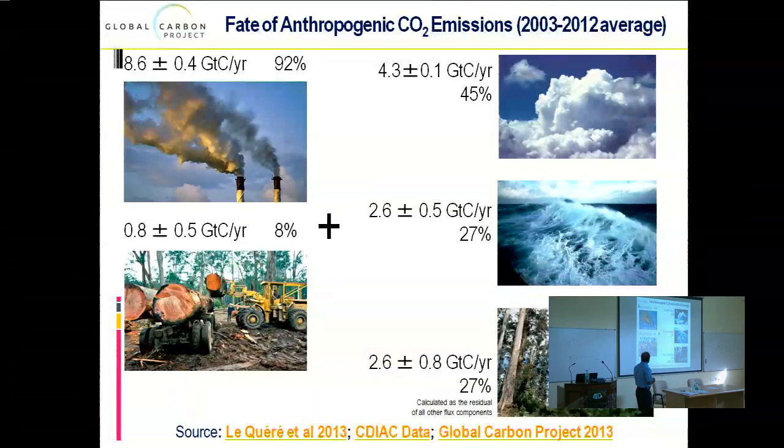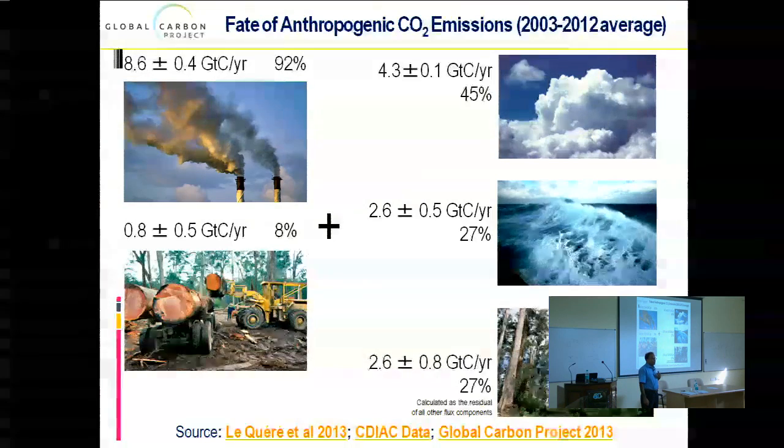Okay? So anyway, if you look at this 8.6 here, 0.8, so 9.4 gigaton in the previous decade, and roughly 27% went into the ocean, 27% went into the land, and the remaining stayed in the atmosphere. So sometimes we call this the airborne fraction of our emissions.